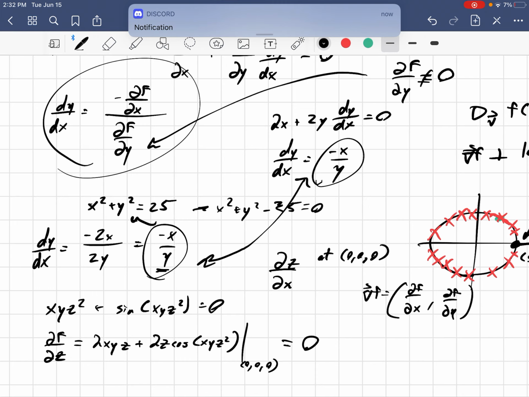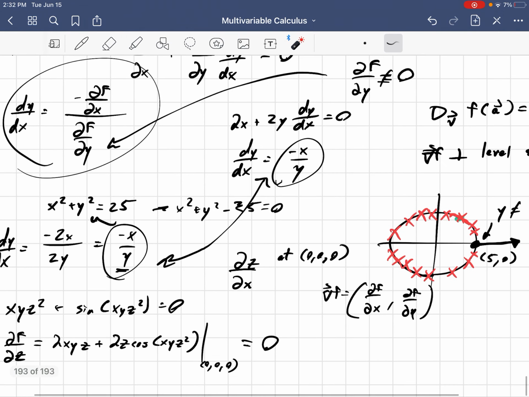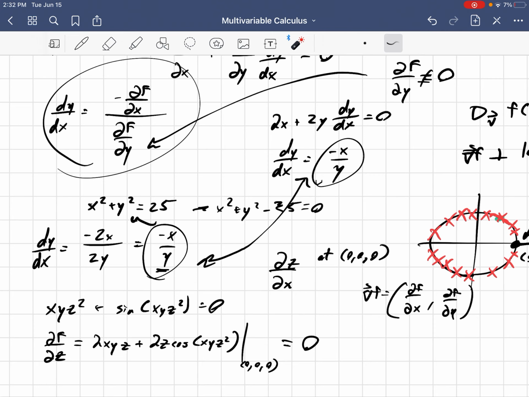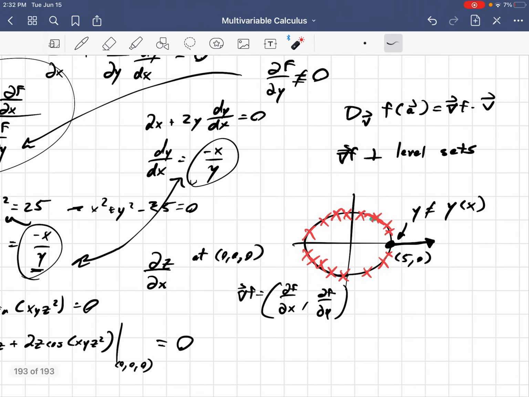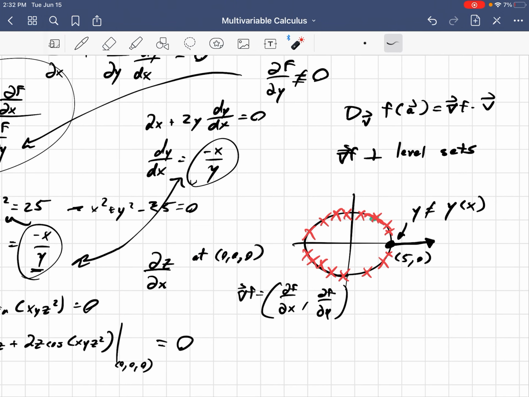And so at the origin, you simply cannot view z as a function of x and y, locally or globally, at that particular point on the surface defined by that level set. So we can't even talk about finding the partial of z with respect to x because the gradient is flat.